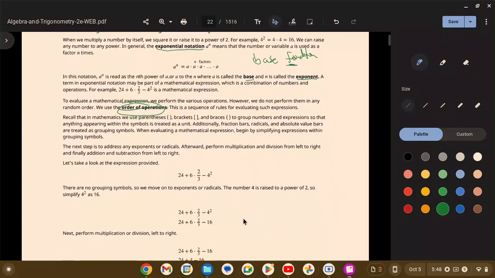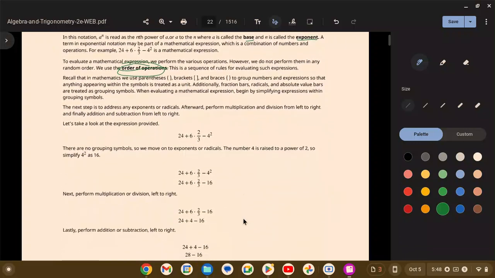Recall that in mathematics we use parentheses, brackets, and braces. Those are the three different types of enclosures. I'm going to call them that. I like that word. Enclosures group numbers and expressions so that anything appearing within the symbols is treated as a unit.